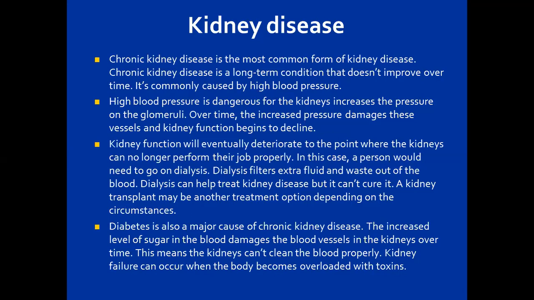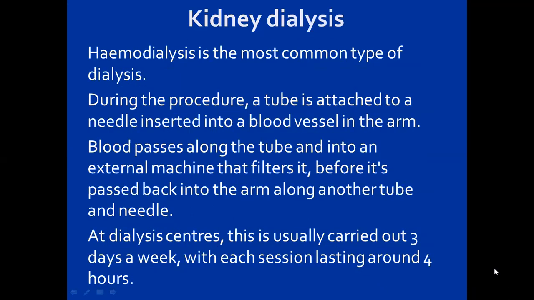What happens with diabetes is that a person is unable to regulate the blood sugar level, in untreated diabetes, that is. And so the increased level of sugar in the blood damages the blood vessels in the kidney over time. And therefore, the kidneys can't clean the blood properly, and kidney failure can occur when the body becomes overloaded with toxins because the kidneys haven't been able to do their function.